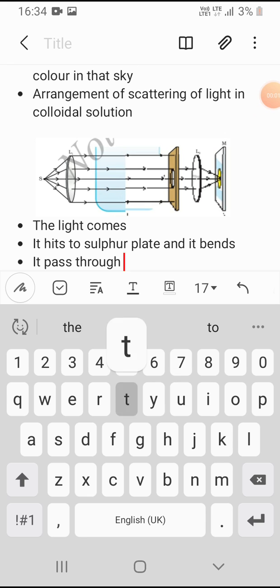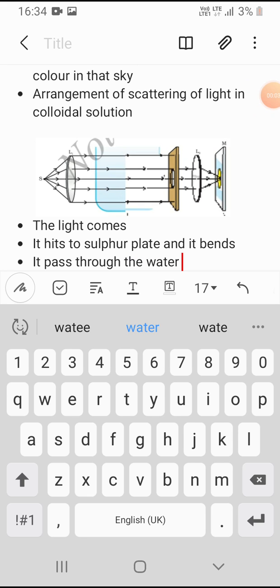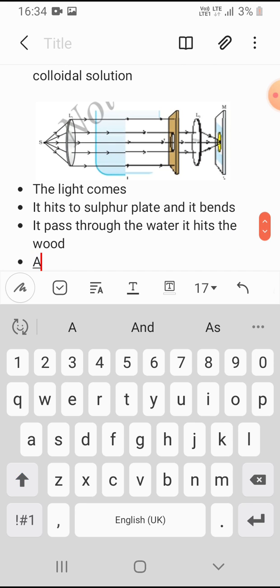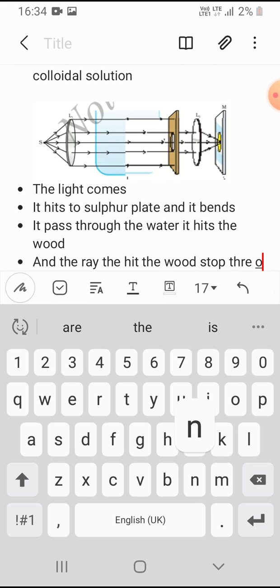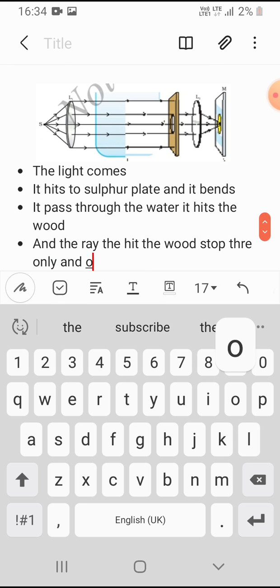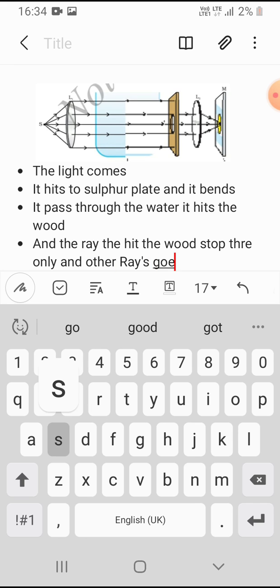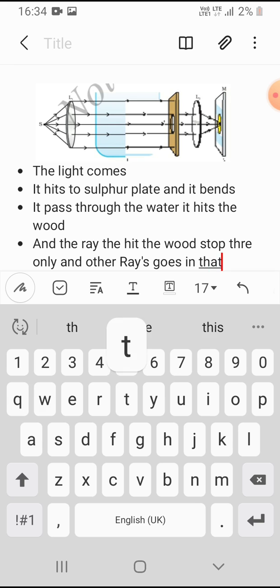The light passes through the water and hits the wood, and the rays that hit the wood stop there only, and other rays go through that gap.